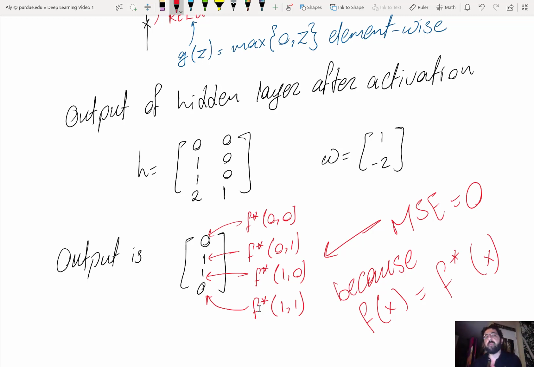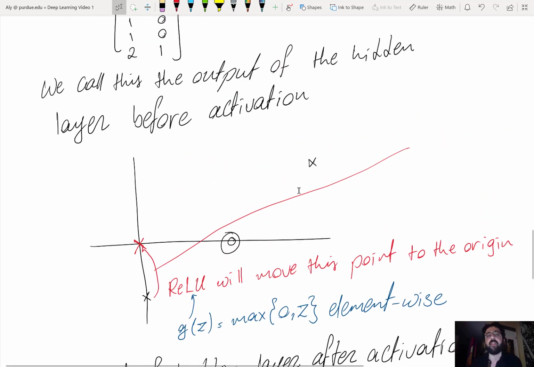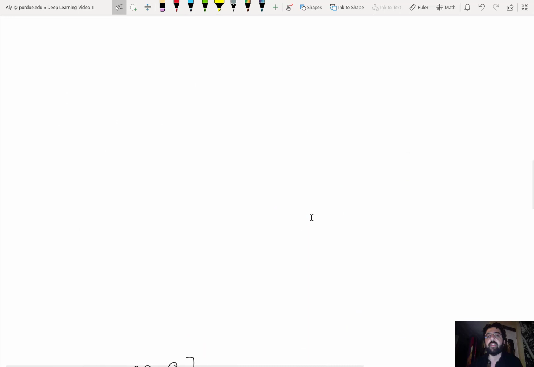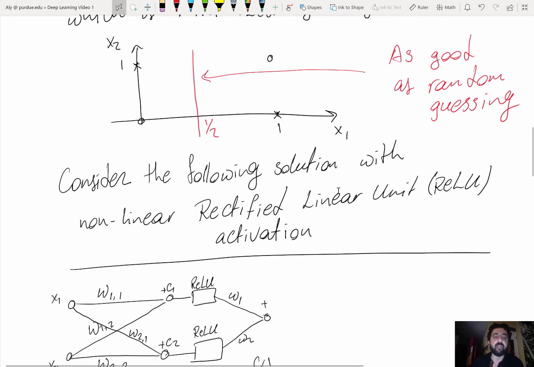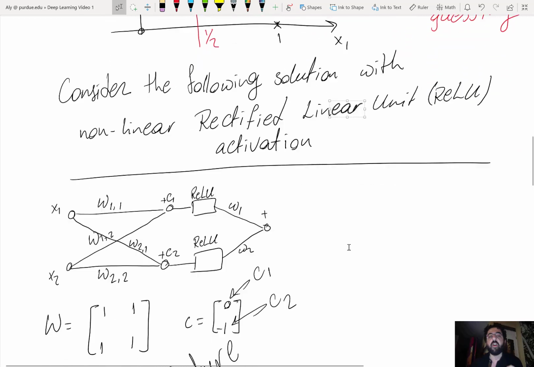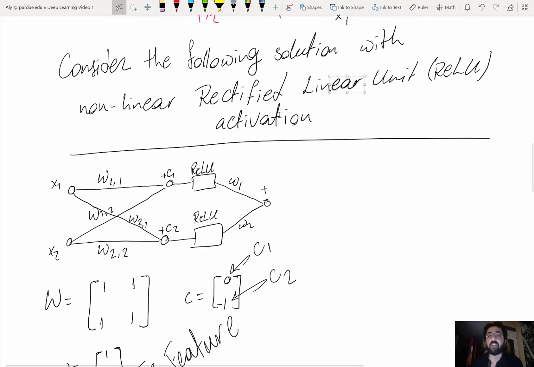So that example showed us that only linear transformations failed completely at this task. They didn't do any better than random guessing. And when we added the possibility of ReLU activation functions, or rectified linear units, which we'll come back to later in more detail, including why they are called rectified linear units and their properties, depth became useful.